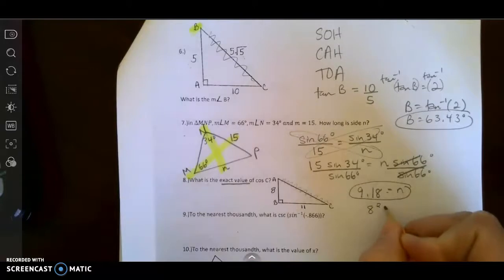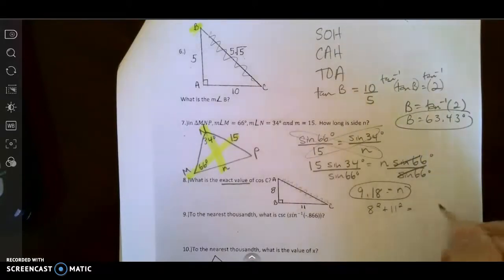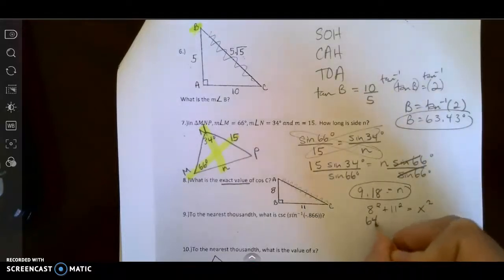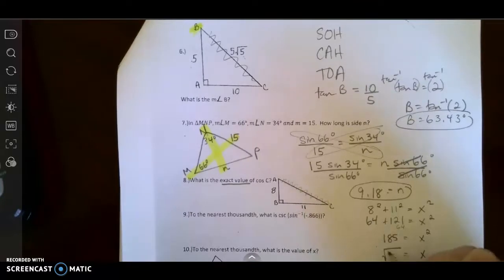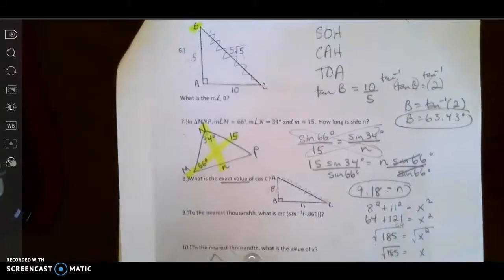So 8 squared plus 11 squared equals, I'll just call it x squared. So we've got 64 plus 121 equals x squared. So x squared equals, let's see, that'd be 185. So x is the square root of 185, because I took the square root of both sides.